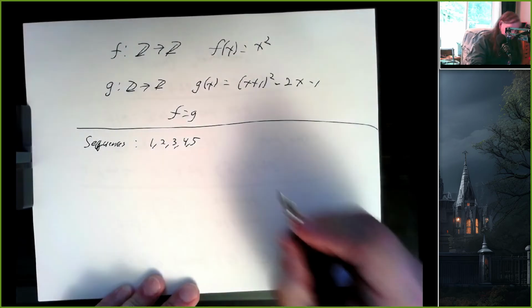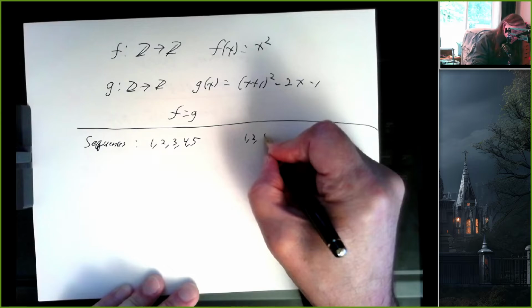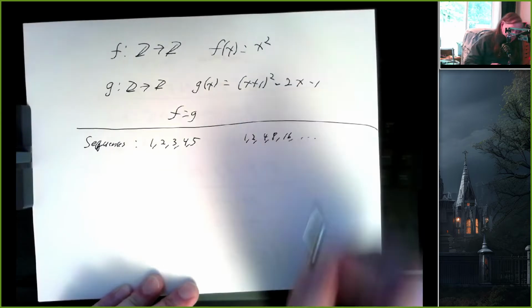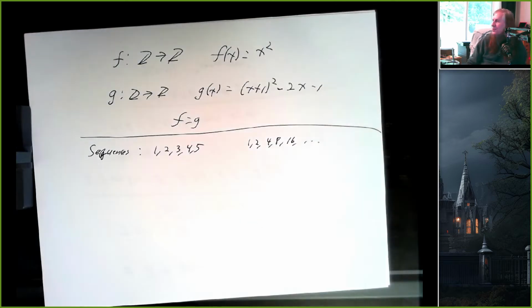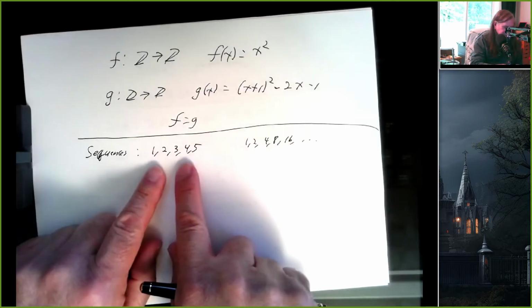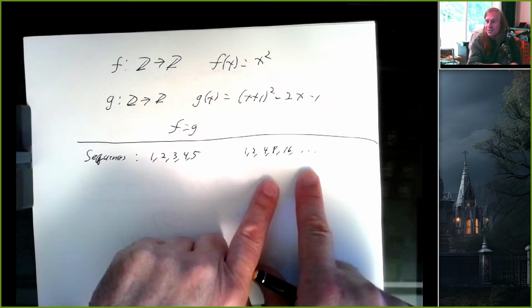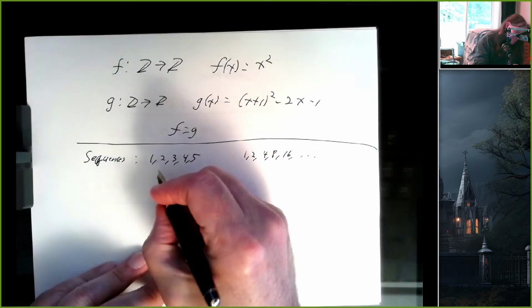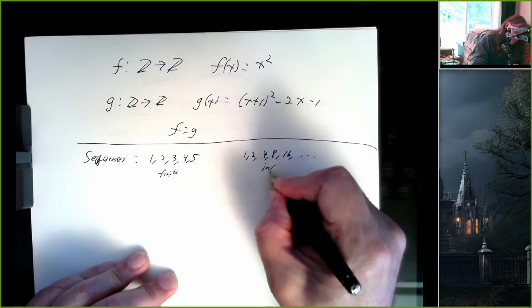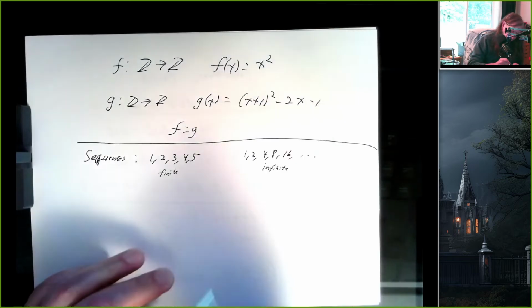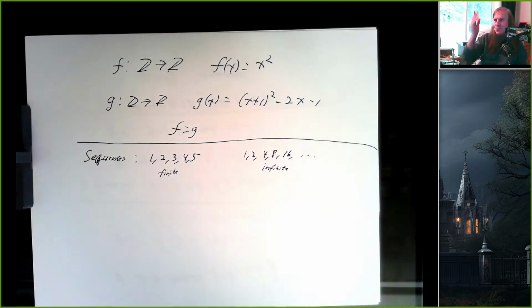Or the sequence of integers 1, 2, 4, 8, 16, and so on, where each number in the sequence is twice the previous number. So this is a finite sequence. This is an infinite sequence. A sequence is an ordered collection of things.